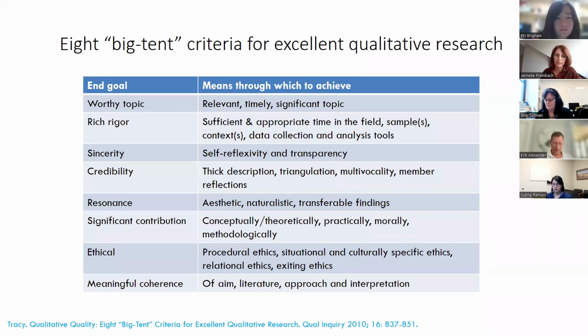And then finally, I think another key one, meaningful coherence. And that is, do your choices align? And I think that probably in session 1, you also learned about that. It means selecting an approach that matches with the research question.